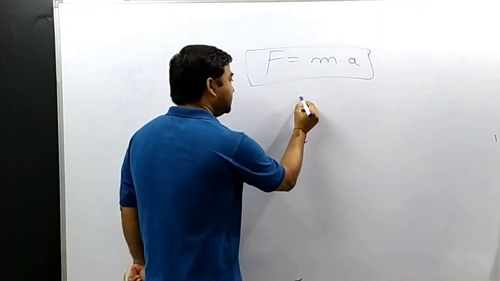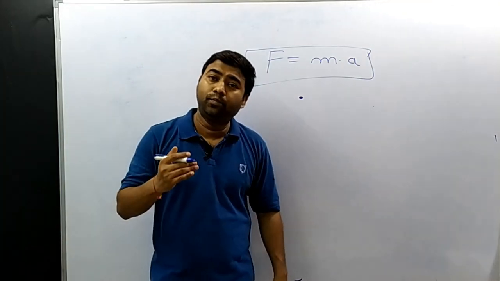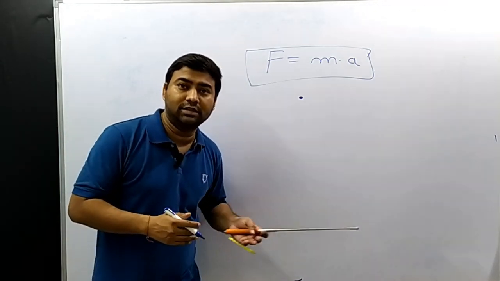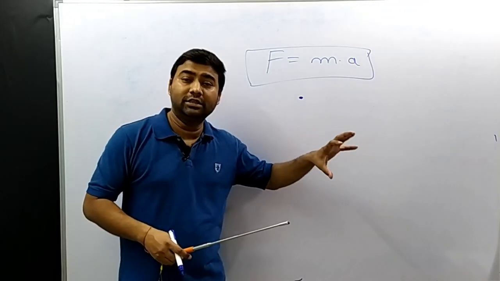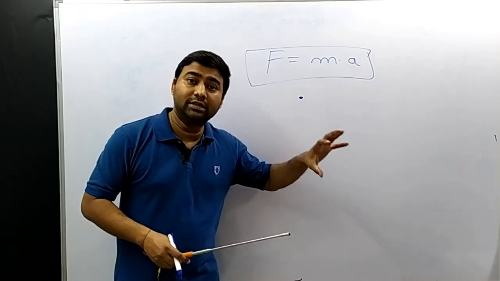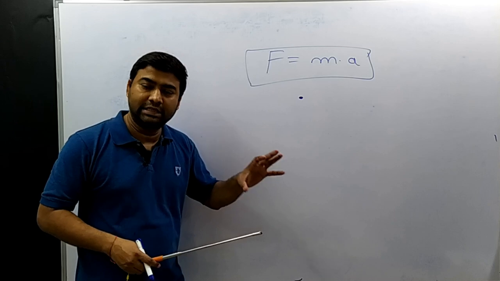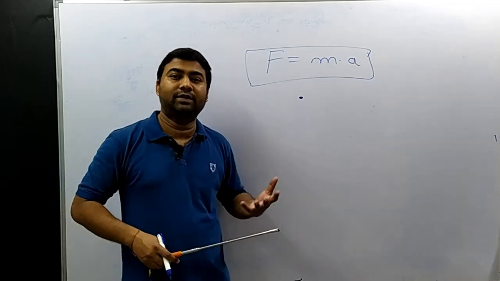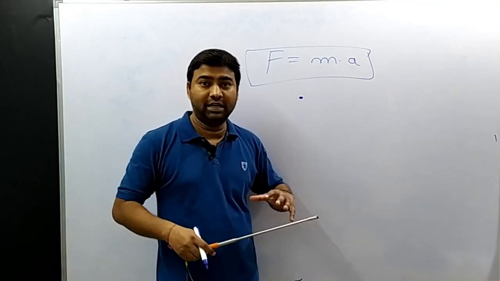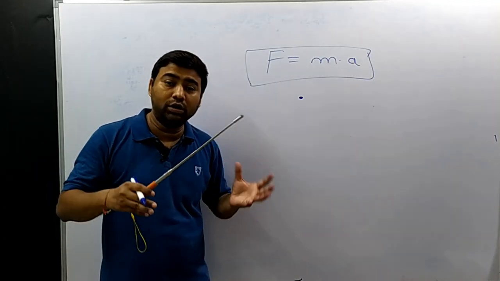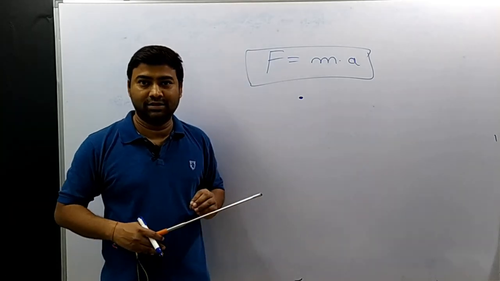Newton's laws of motion are given for a point mass. What is the difference between a point mass and a real rigid body, we will discuss after some time. So the laws are almost the same, but with slight differences. Newton had modeled his laws of motion for a point mass.